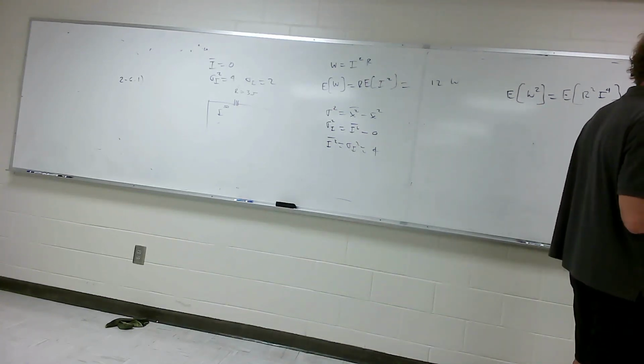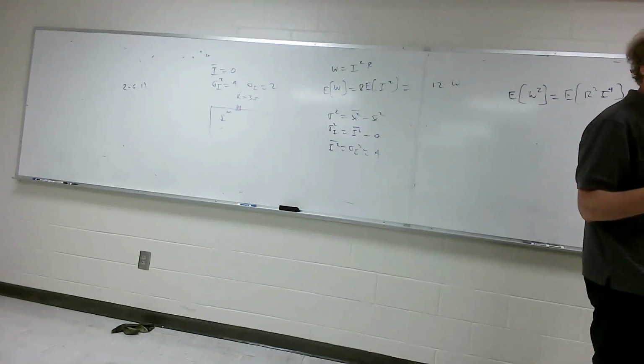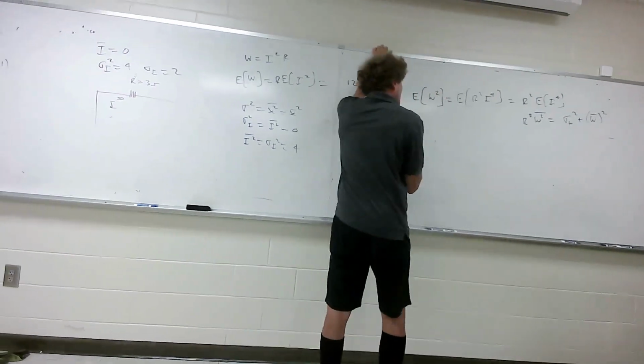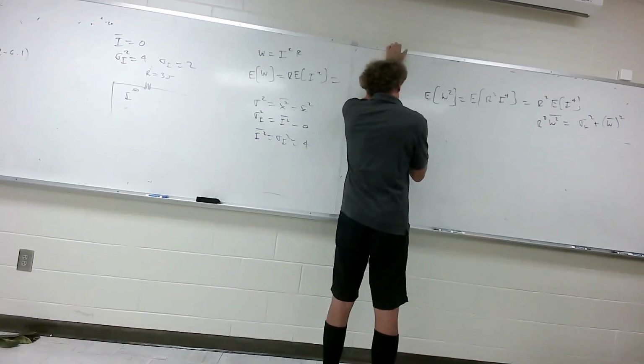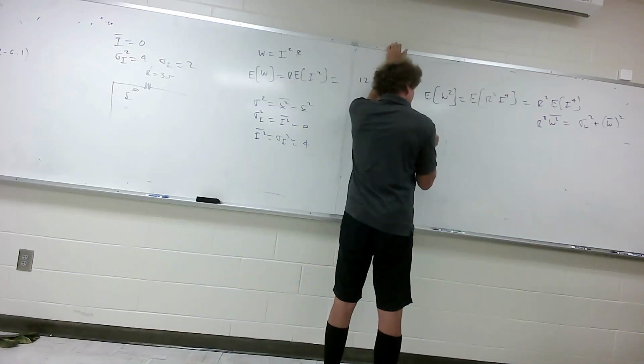And they want the variance of the power. So what is the expected value I need, of I to the fourth?